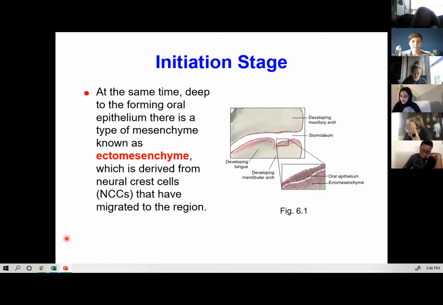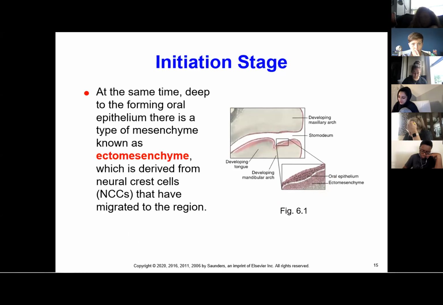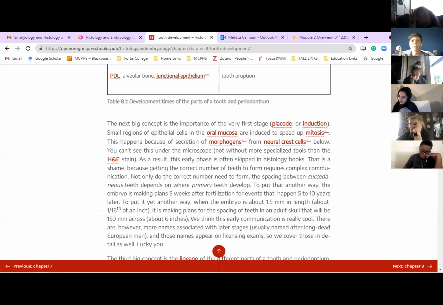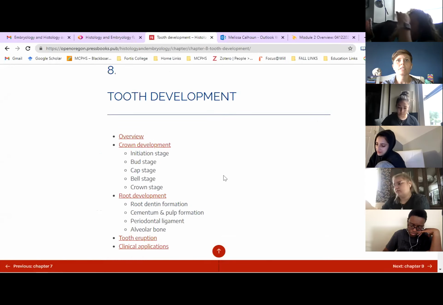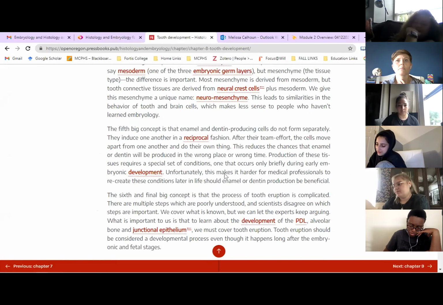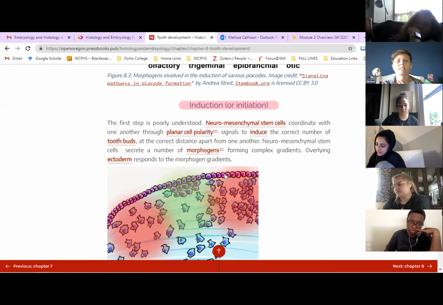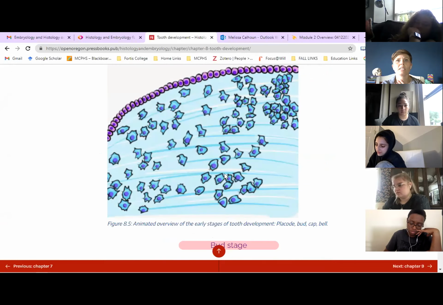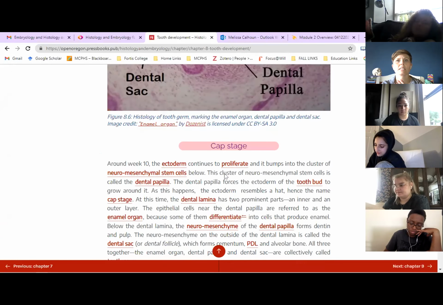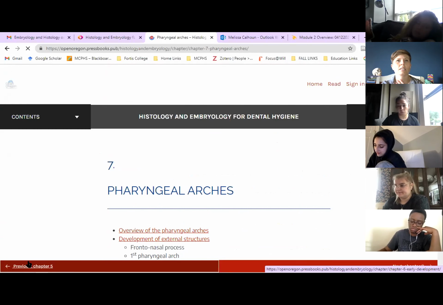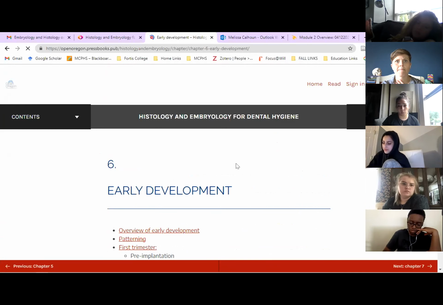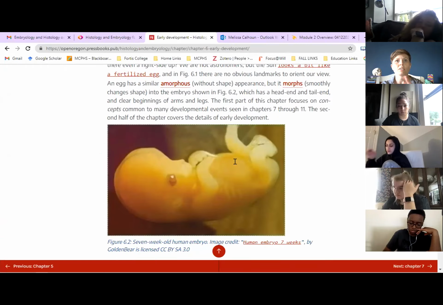And let me see if I can find that. Yeah, let's go here. Okay. Is it on here? Let's see if I can find it. Oh no, that's not it, let me see if I can go back to the neural crest cells, right?